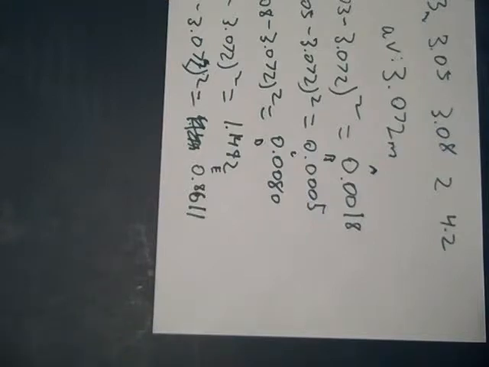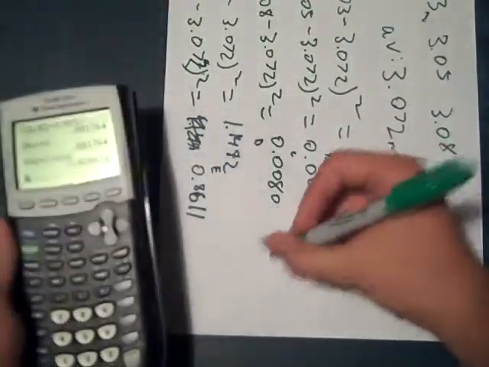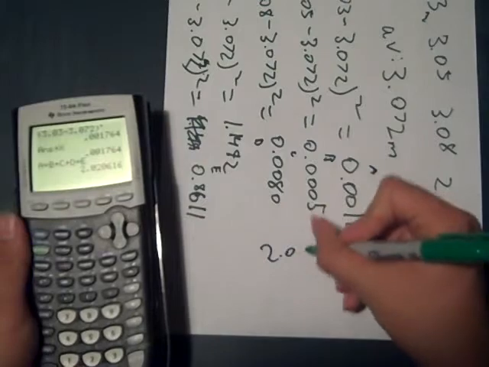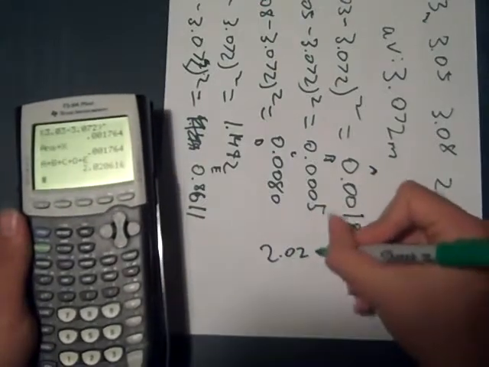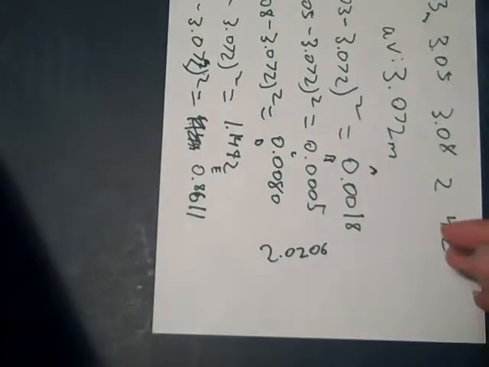Now that we have all of these, we add them all together, find their average, so divide the answer that you get from this by 5. I got... So divide that by 5.